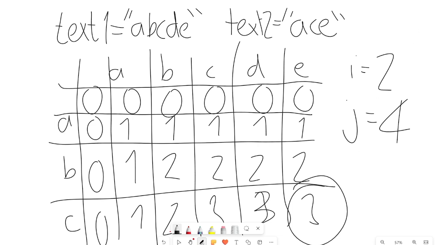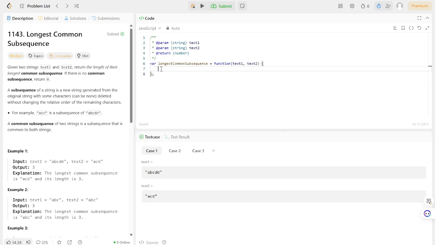So let me show you how it's done in code. Okay, so the first thing we do is we create a grid, which is equal to an array from array of length text 1 dot length plus 1, so we can set the first row to 0.